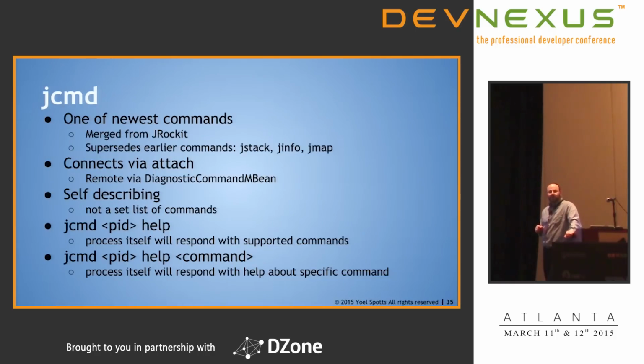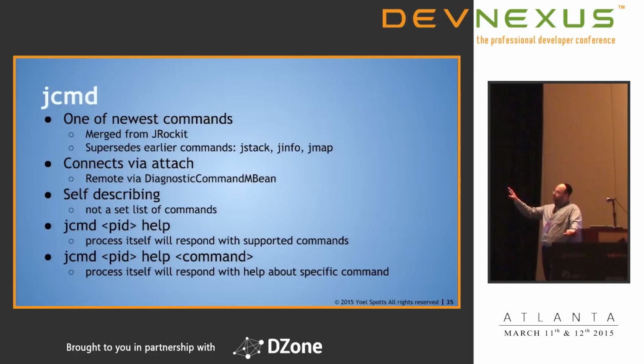There are some capabilities that these superseded commands contain that JCommand does not, so it's not a complete replacement. One of them is that you cannot do any remote access, at least not directly, via JCommand. JCommand uses the attach API, and therefore it only has local access.